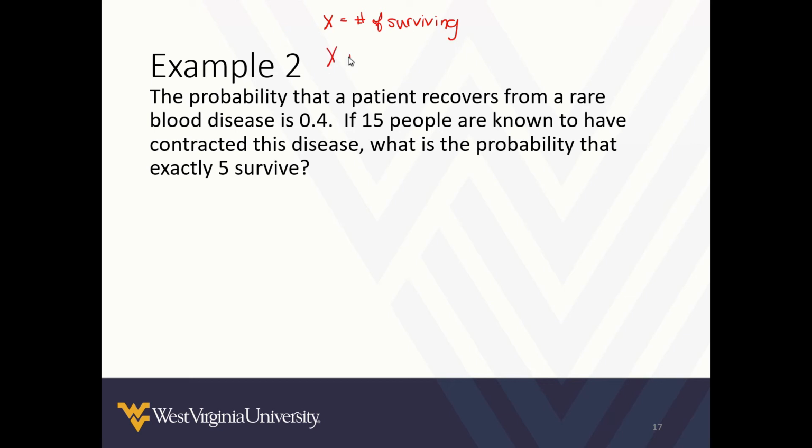So this means that x is binomial with a sample size equal to 15 and a probability of success being 0.4. And we are asked to find the probability that exactly 5, so that's going to be x equals exactly 5.